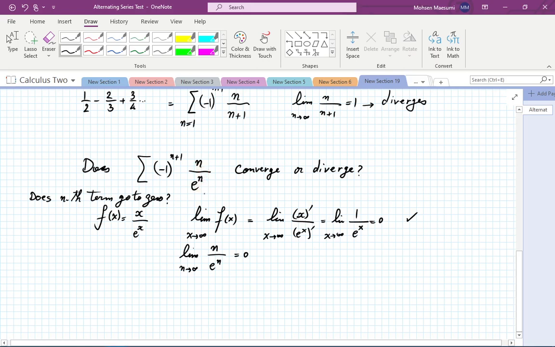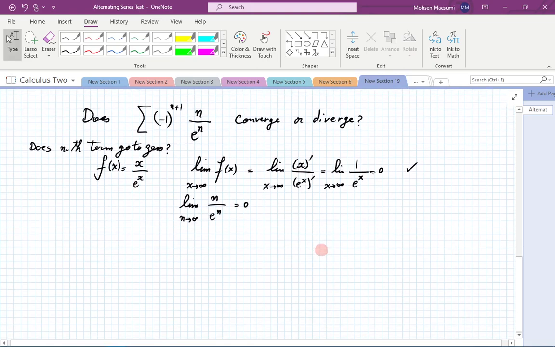In fact, all that we need is to show it is decreasing from some point on. All the tests that we have for the series, we can just expect that the tail of the series behaves the way we are specifying. What the first few terms do, it's not so significant. So next question is, do the terms decrease? Okay, so again, that's typically the hardest part of this problem.